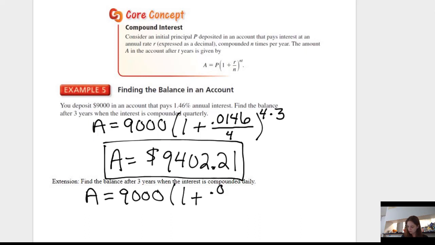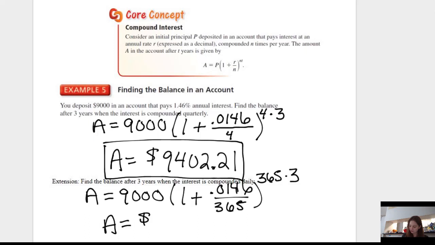The annual interest rate is the same, but now it's divided for every day, so 365. And the amount of pay periods, 365 times 3. And then you go ahead and put this in your calculator, and it's going to be interesting to note how much the account grows differently if you compound the interest quarterly or compound it daily. And the amount when it's compounded daily is $9,402.95.